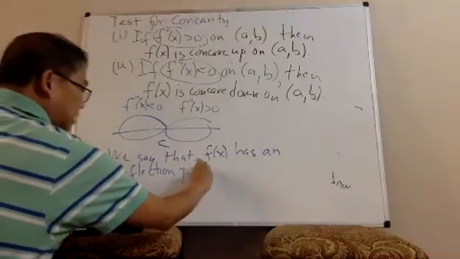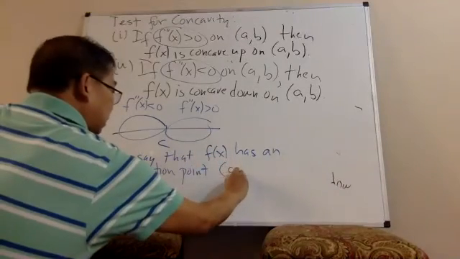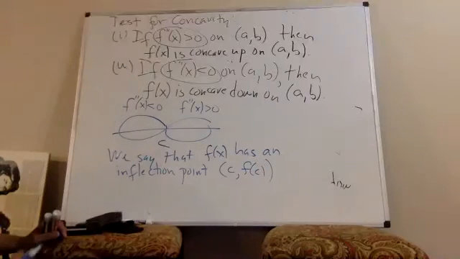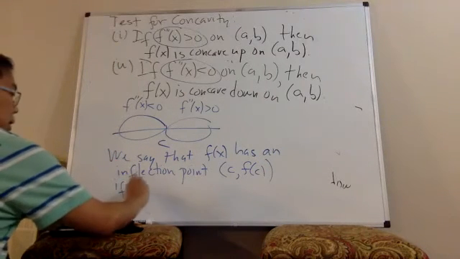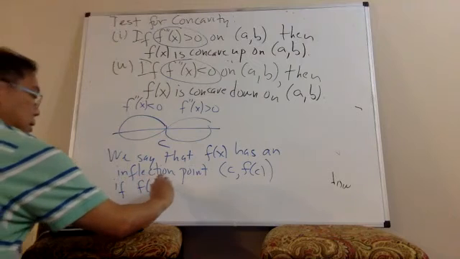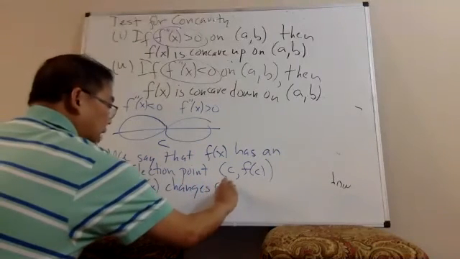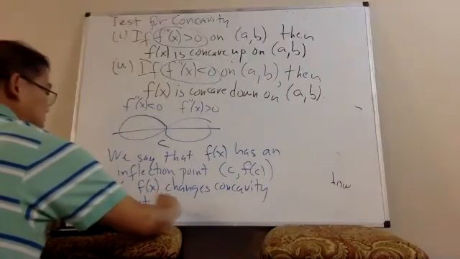Now, this is a point. That's why we have to say the point with coordinates c and f of c is an inflection point if f of x changes concavity at c.